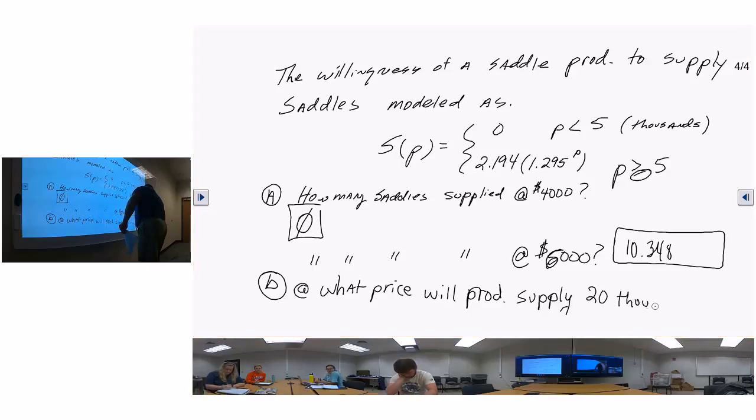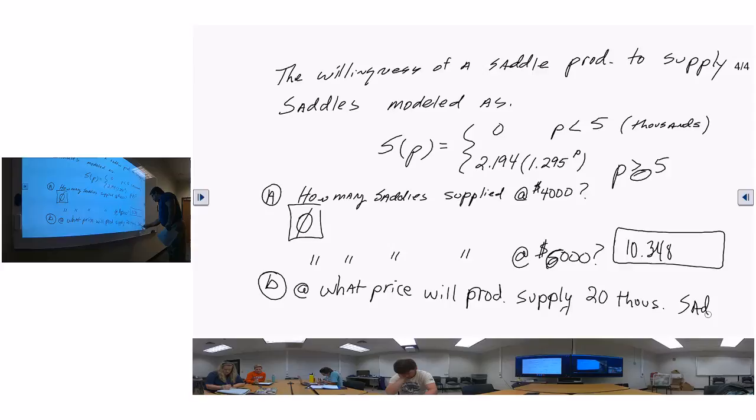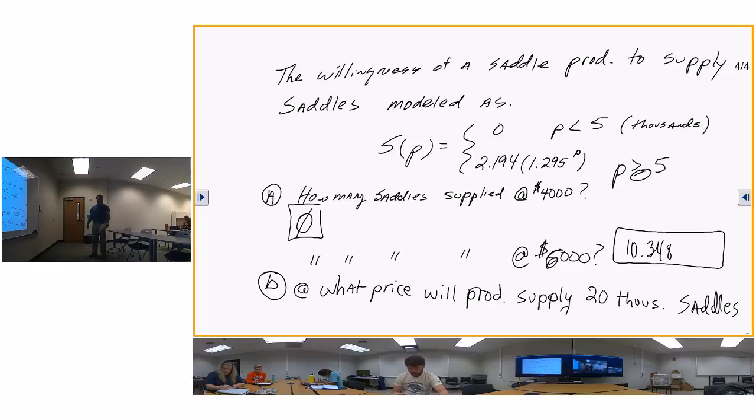This is the way they got it written. Actually, you could really just trace it and find the closest price to 20,000 on your calculator, or you could plug it in and solve.